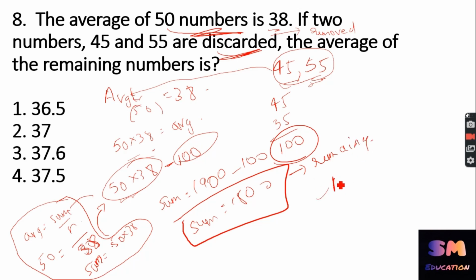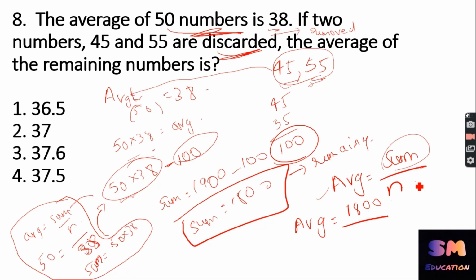Now we need to calculate the average of the remaining numbers. Average formula is sum by n. What is the sum of the remaining numbers? 1800. Now coming to the number of observations. In total we have 50 observations.